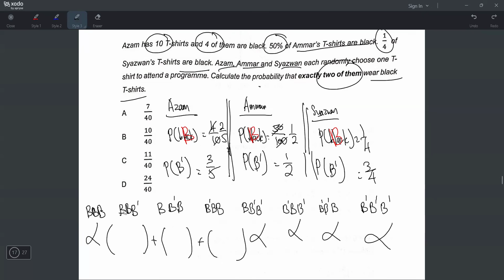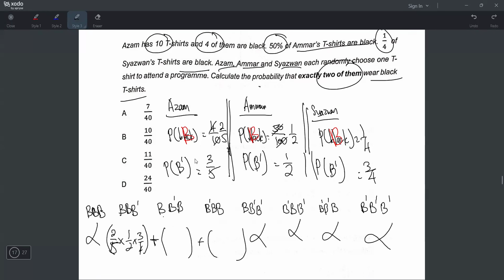So what this means is basically Azam black, Amar black, Shazwan not black. So Azam black probability is 2 over 5, and then Amar black is 1 over 2, and then the last person, Shazwan, not black, so 3 over 4. And then you have to multiply them because this happened at the same time. It's like this one and this one and this one. That's why you times. But here why you plus is because this is or, right? So if it's or, you plus.